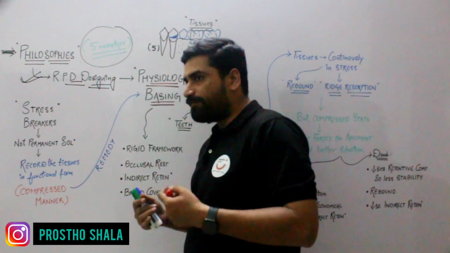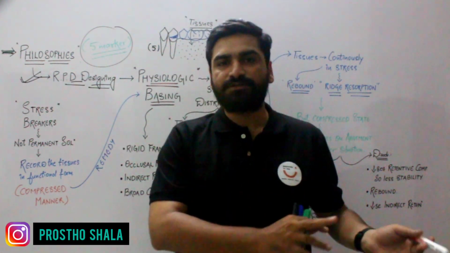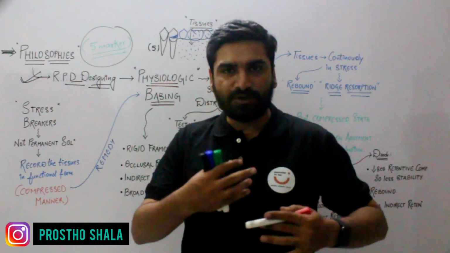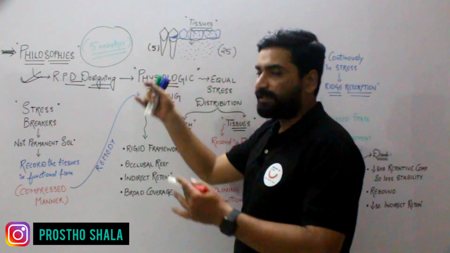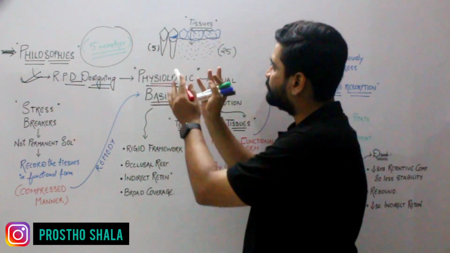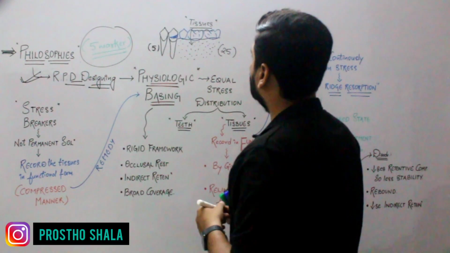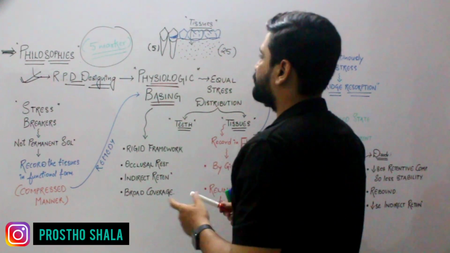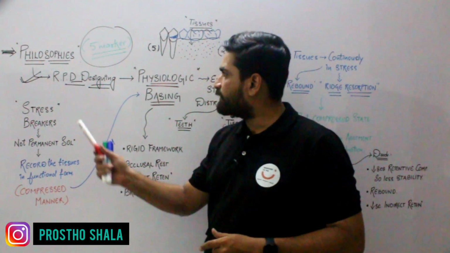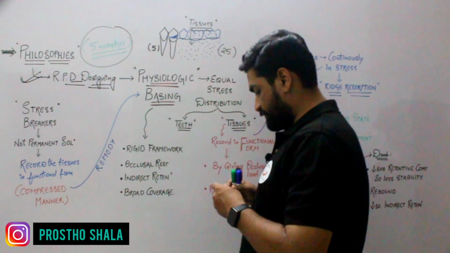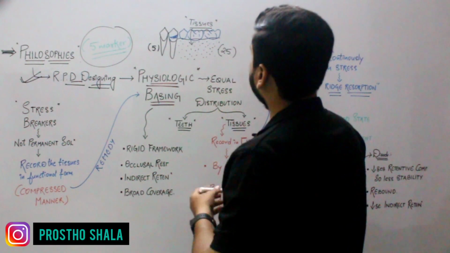The update from conventional rigid design to stress equalization was that the stress going to the abutment teeth should be broken so that the stresses are divided properly and there is no damage to the abutment teeth.